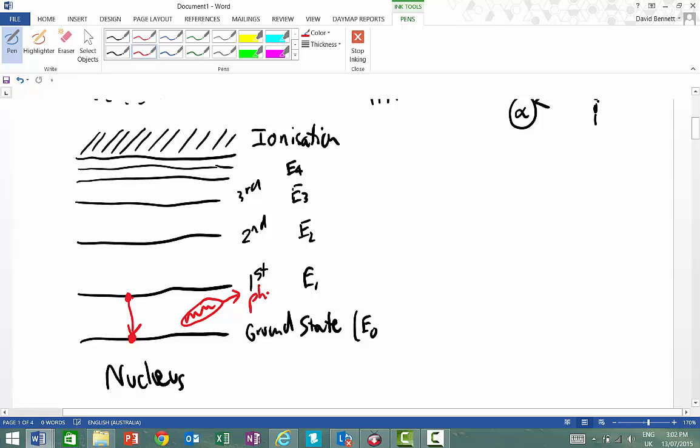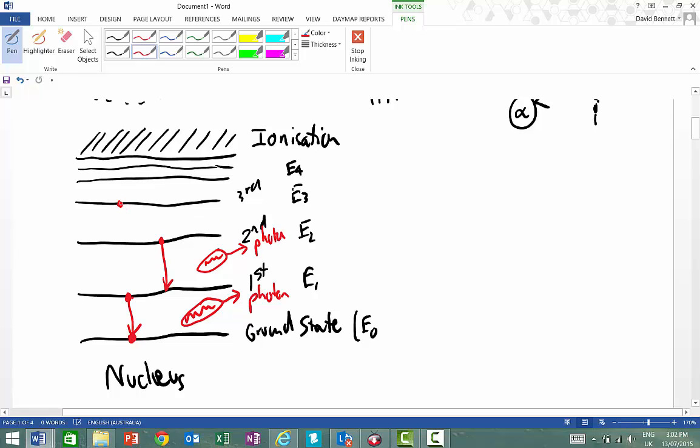These photons will have energy that associates with the energy levels between these shells. So if I have an electron falling from there to there, it's going to have a set amount of energy corresponding to that particular gap.